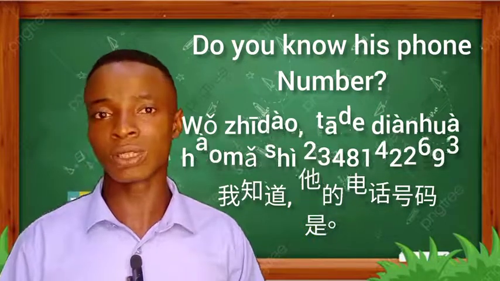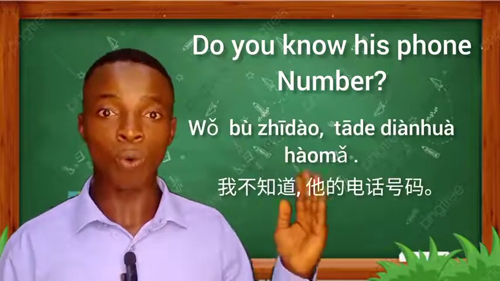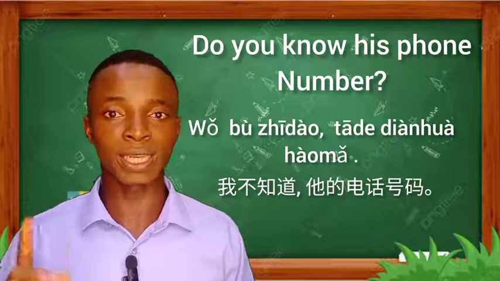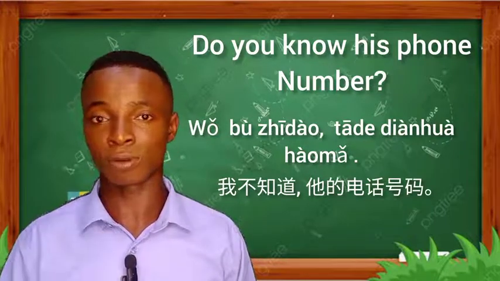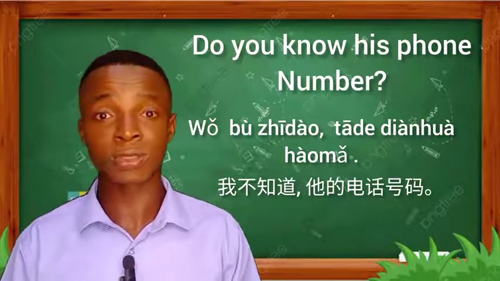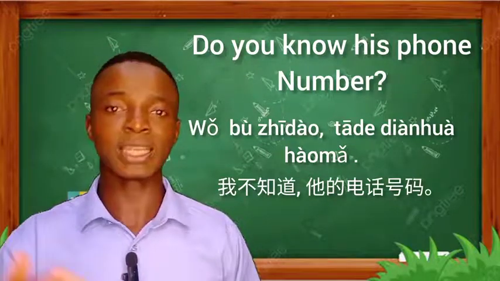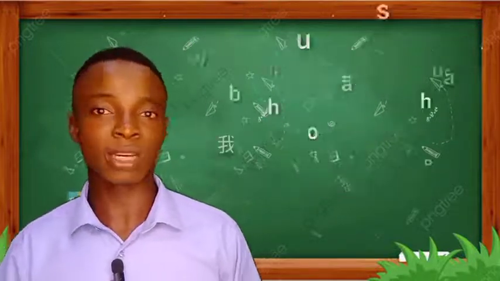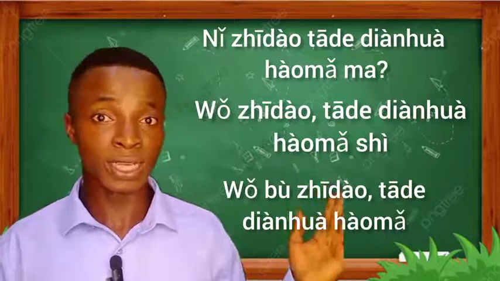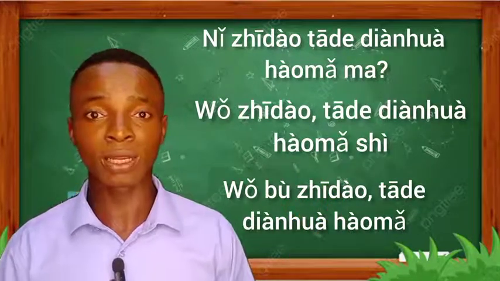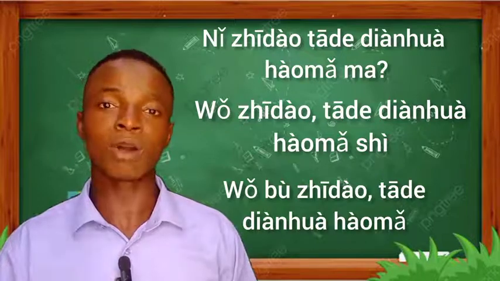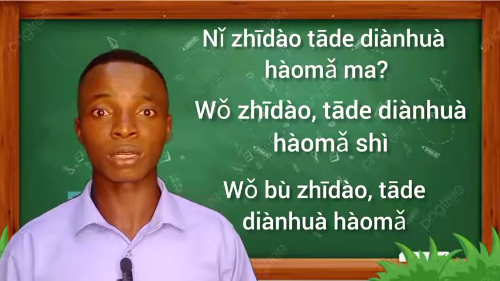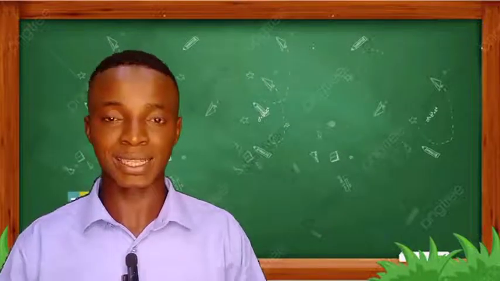Then what if you don't know the person's phone number? You can say 我不知道. You only need to add the negative prefix 不: 我不知道他的电话号码。 Now let's repeat this conversation and see if you understand everything. 你知道他的电话号码吗？我知道他的电话号码是... or 我不知道他的电话号码. Very simple, as easy as ABCD.